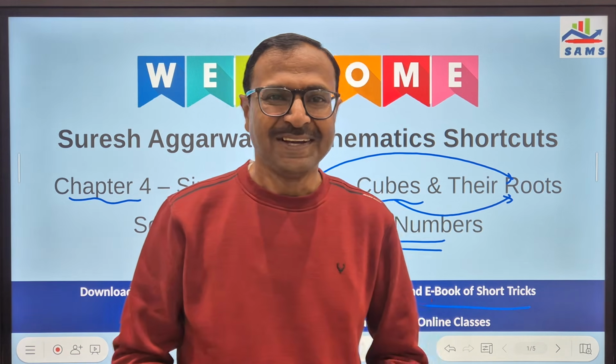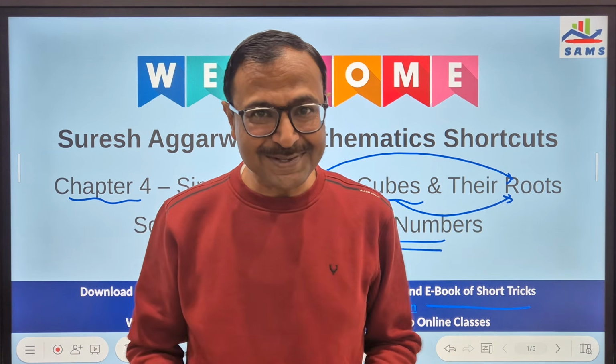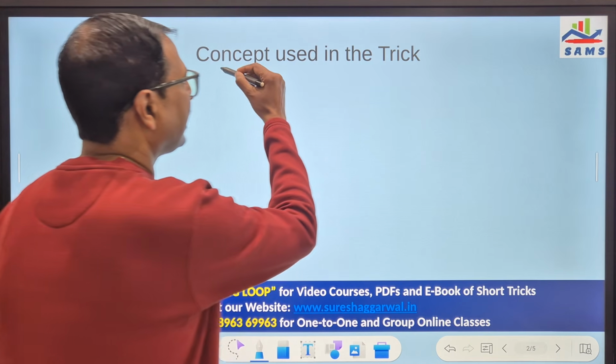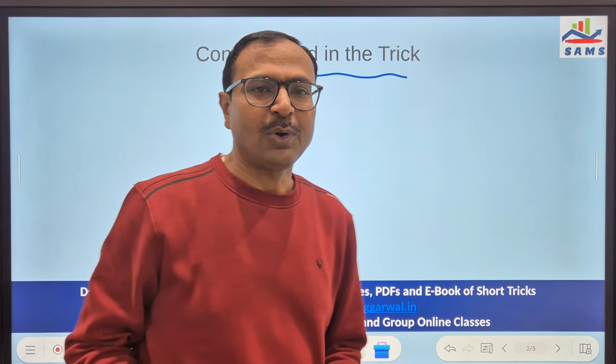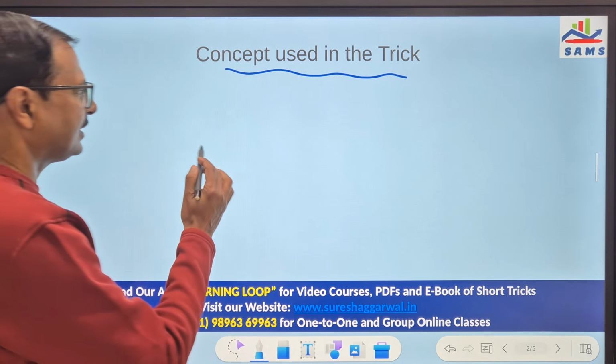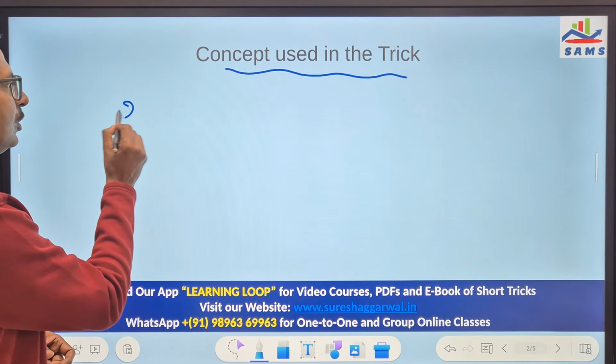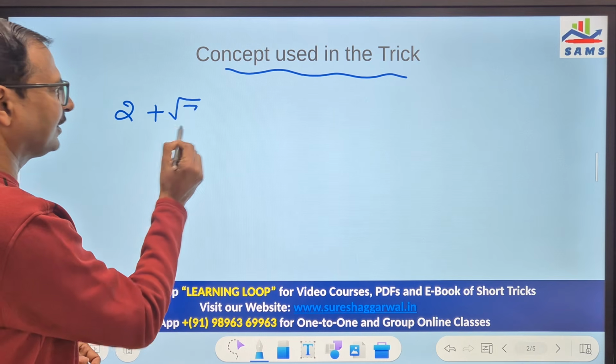So friends, square root of square root numbers. Let's see the concept in hand. Now for understanding the concept, suppose I take an irrational number, maybe let's take 2 plus root 7, right?